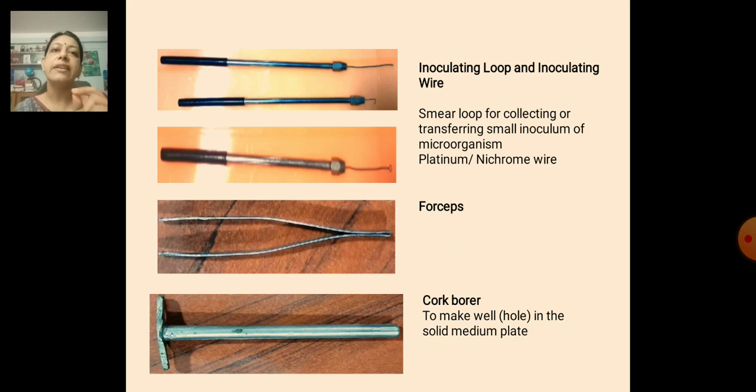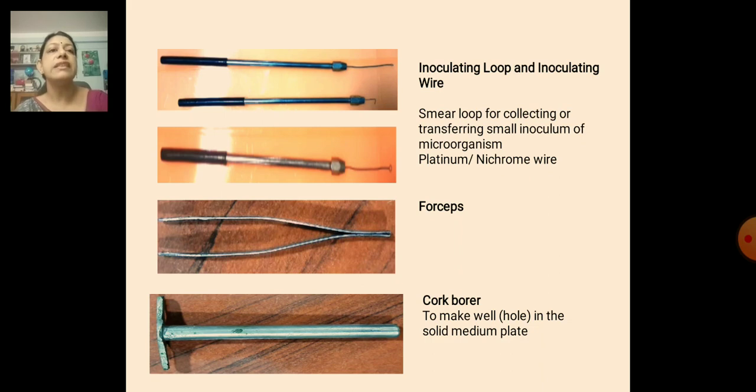When we transfer it from one media to the other, we take the inoculating loop or the inoculating wire and pick up a small amount of inoculum. Inoculum means a very small quantity of the microorganism taken from the medium and transferred to a new medium where it will start growing.